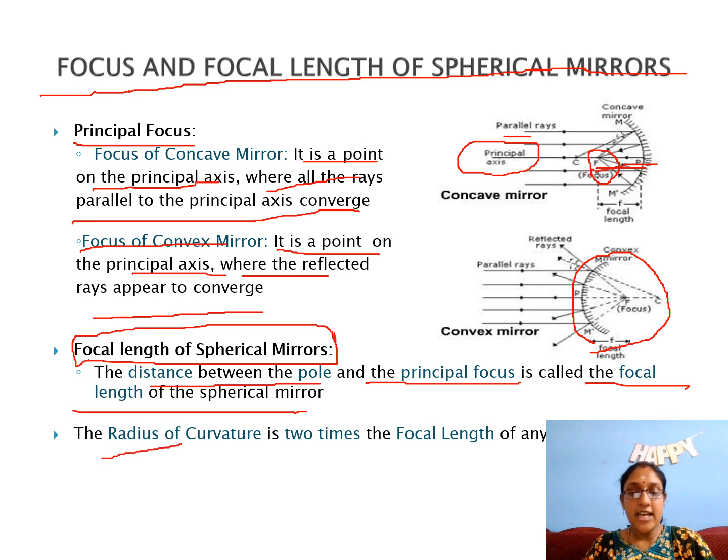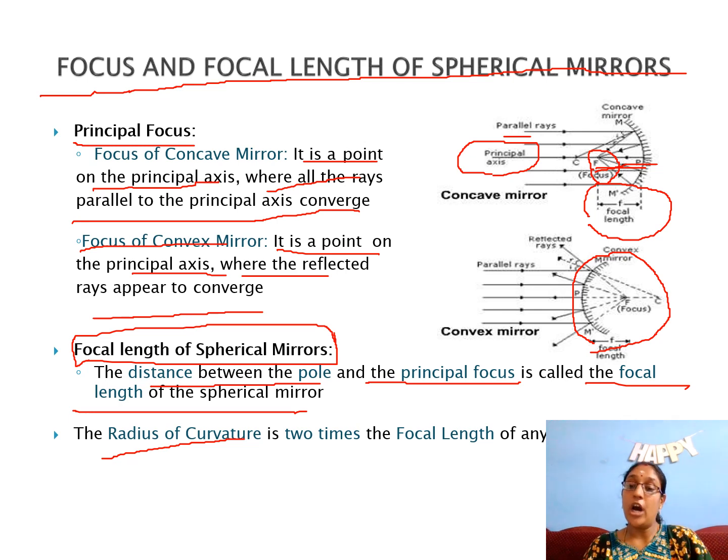What is the radius of curvature? I have shown you in the previous diagram. The radius of curvature is 2 times its focal length. This is your radius of curvature.